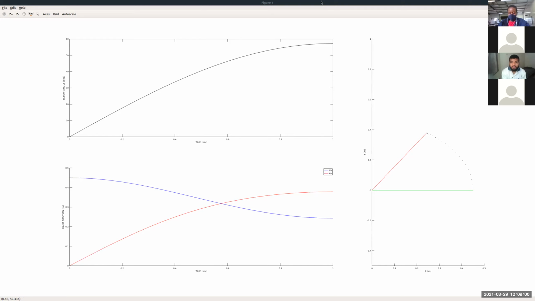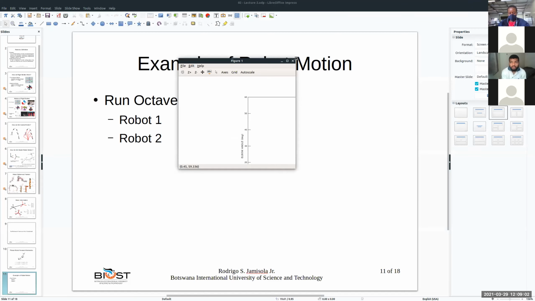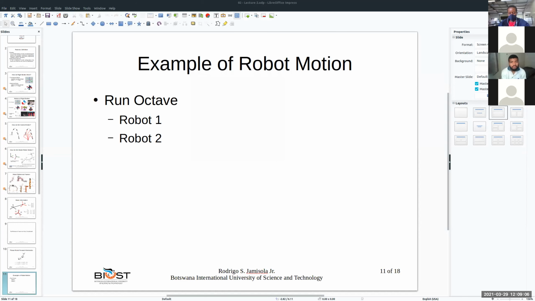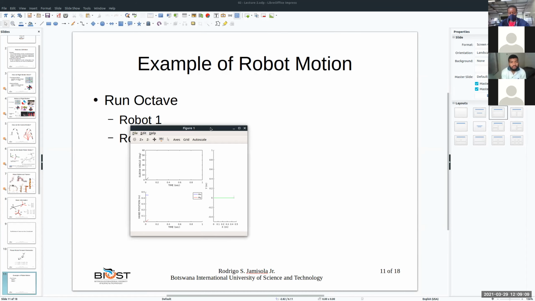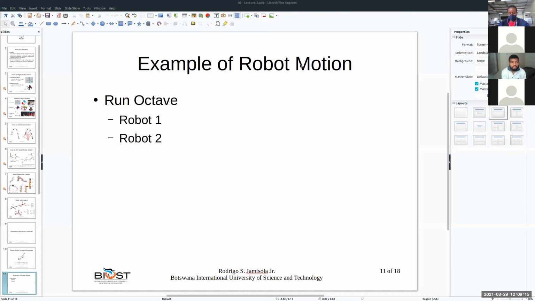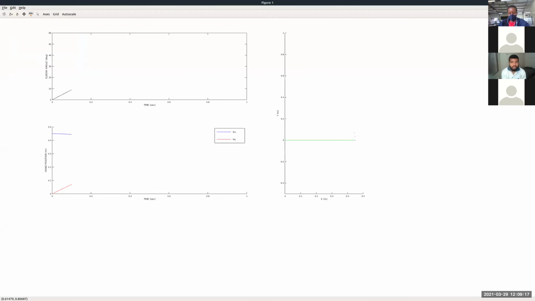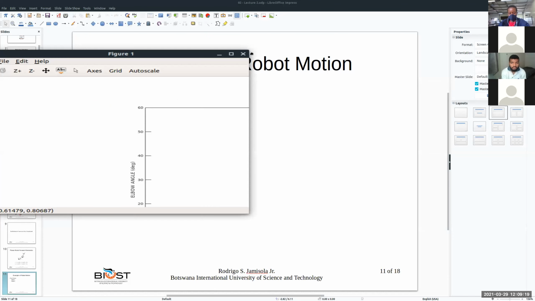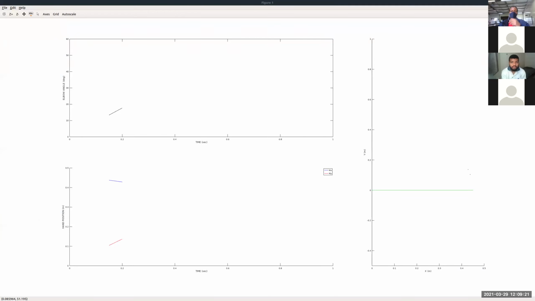Move. Okay, it doesn't, because this one is already flat. We cannot see. Let's do another one. Then move. So we move the angle. So move the hand, move the angles, go up.